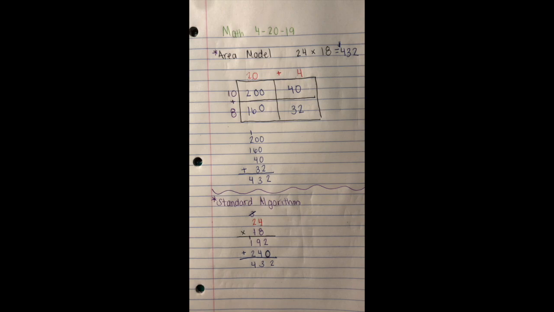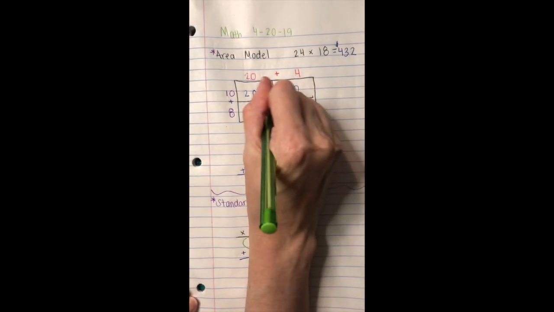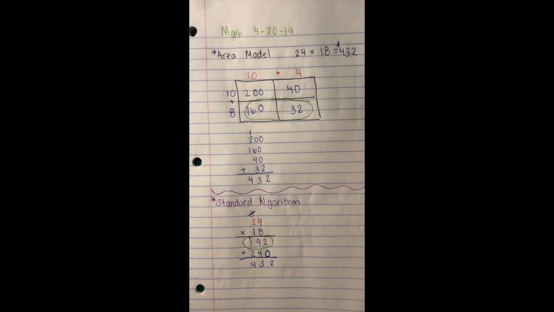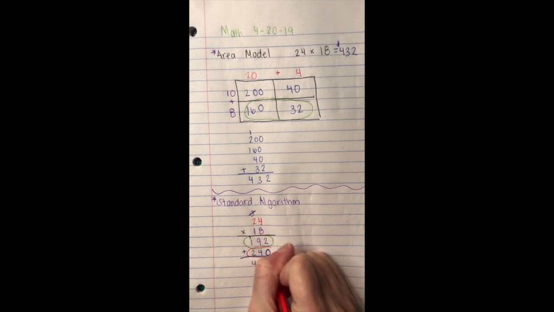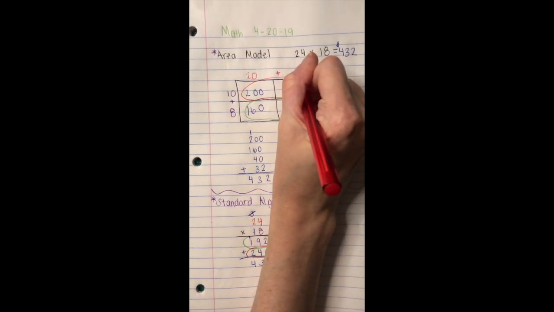Isn't that 192 the same as 160 plus 32 in my area model? And isn't that 240 the same as 200 plus 40 at the top in the area model?